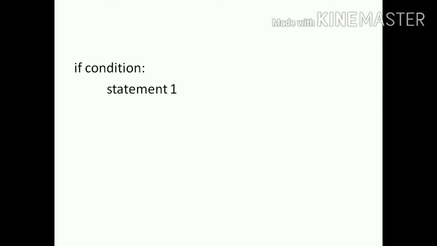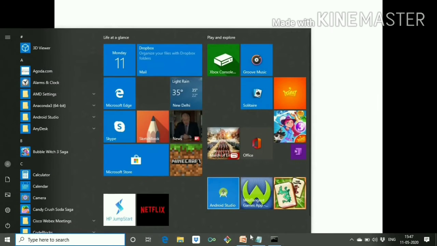So the if statement looks like this: if, then the condition, whichever you want to check. If that condition is true, the body of the if statement gets executed. The body can contain more than one line, or even a single line is fine. So if this condition is true, statement 1 gets executed. So let's take an example.